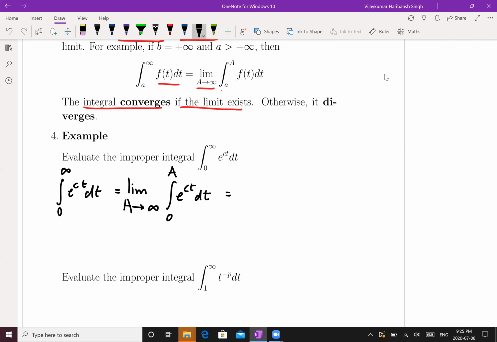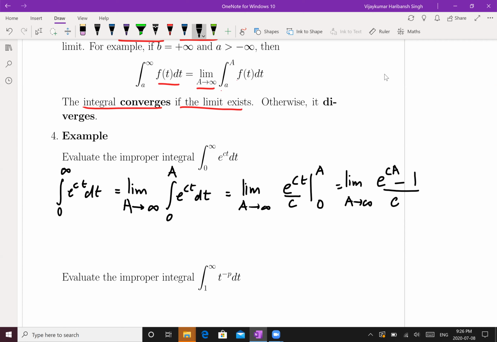So this is the limit as a goes to infinity. Now what is the integral of this? e to the power ct from 0 to a, divided by c. So this is the limit as a goes to infinity of e to the power ca minus e to the power 0, which is 1, divided by c.